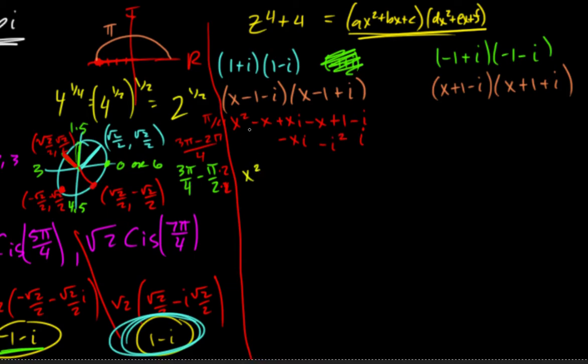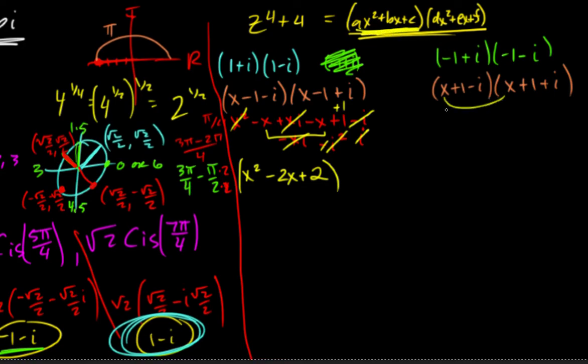Okay, so we still have x squared. This and this cancel, this and this cancel. i squared is negative 1. Negative 1 times negative is going to be a positive 1. And so we can add 1 and 1 together to get 2, and this together to get negative 2x. Okay, so that's our first factor. That would be like this piece.